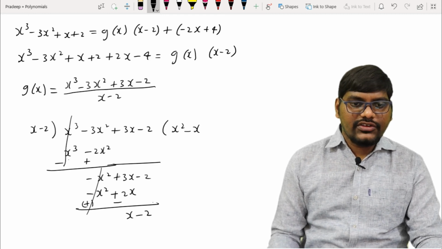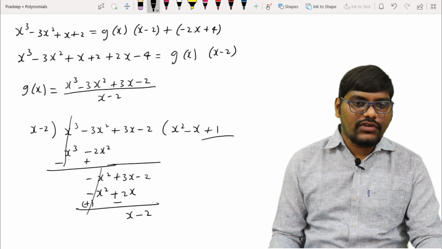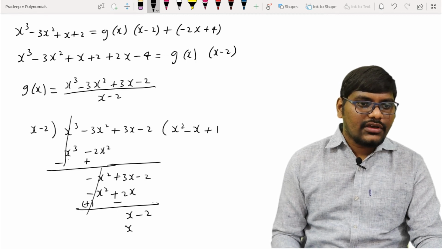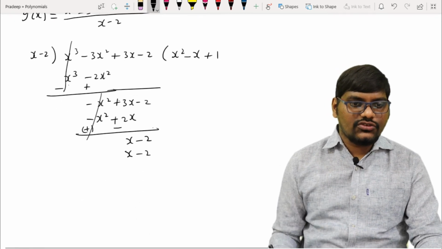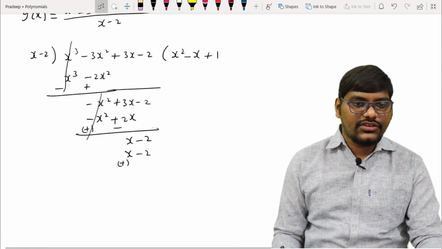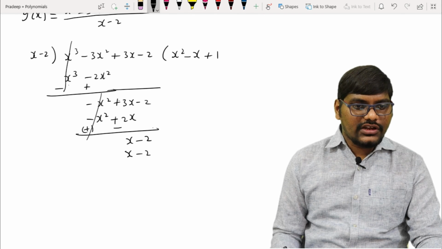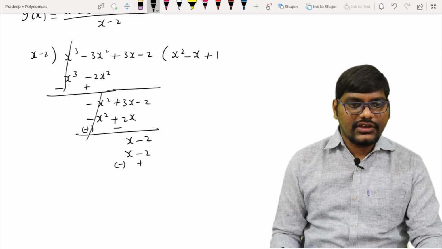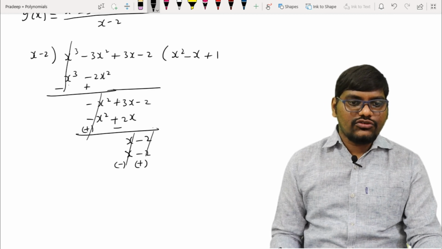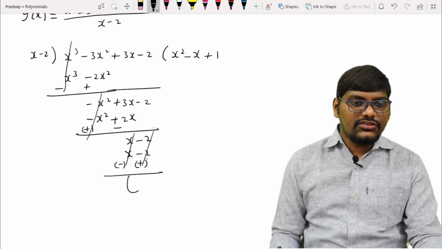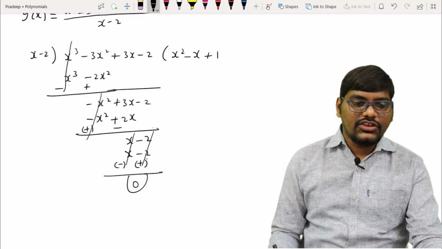So here if we just take plus 1, x into 1 is x, minus 2 into 1 is minus 2, so we'll change the signs. So here we can write plus, of course this is already plus, so we can take minus, so this we can take plus, these both get cancelled, plus x minus x, minus 2 plus 2 can be cancelled, the remainder we are getting as 0.